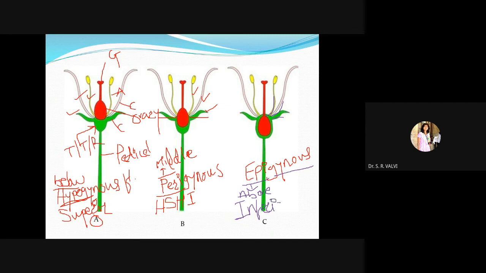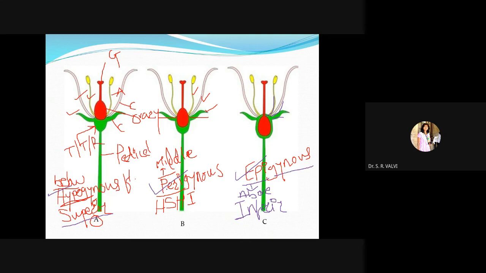So what we learned in this, these are three types of the insertion of floral whorls on a thalamus. So here we have three types, which are hypogynous, perigynous and epigynous. Hypo means below the ovary, the floral whorls arise, and always in this condition, a superior ovary is found.